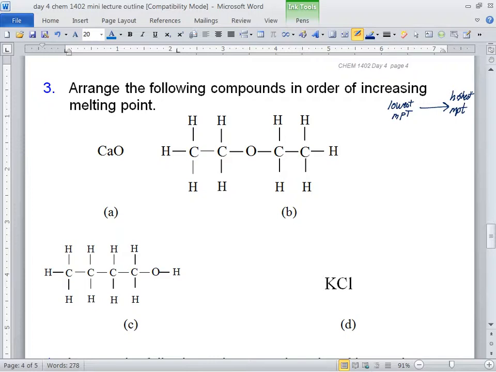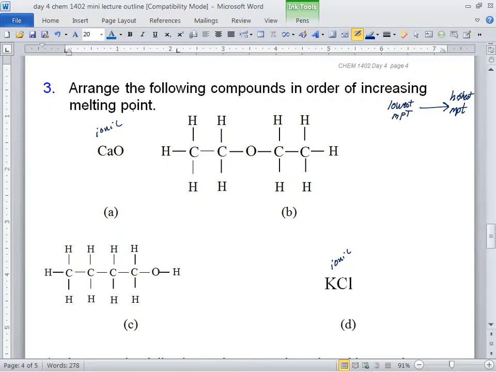So this would be what type of compound? It's metallic if all there is there is the metal. Ionic. So figure out what each type of compound is here. That's a big clue, right? So she's right. This guy's ionic. What's A? Ionic.